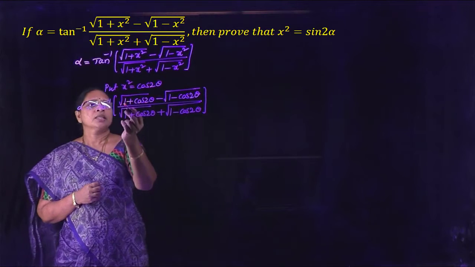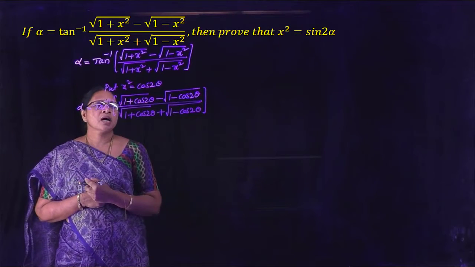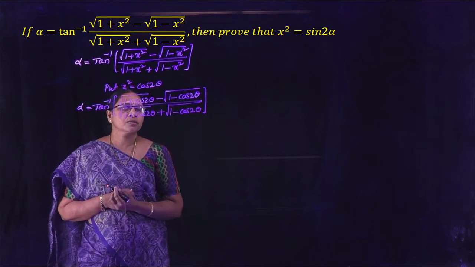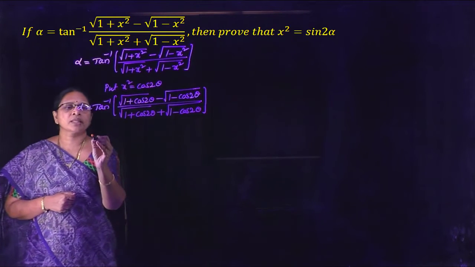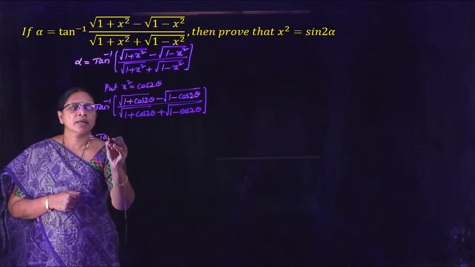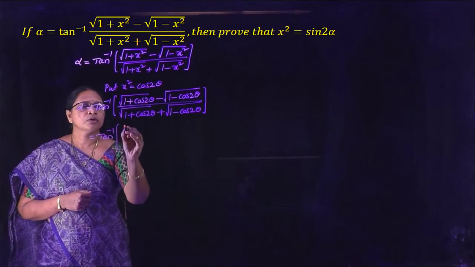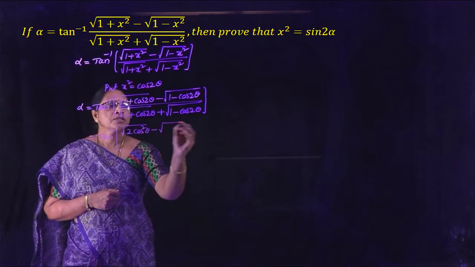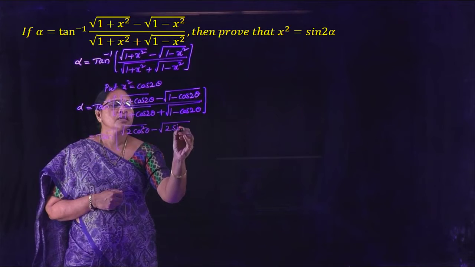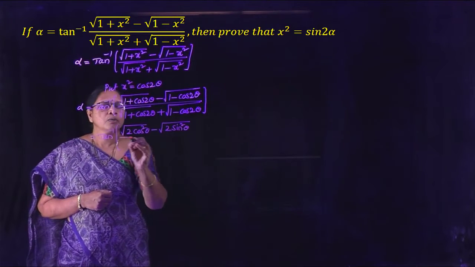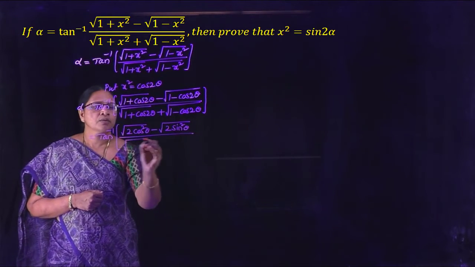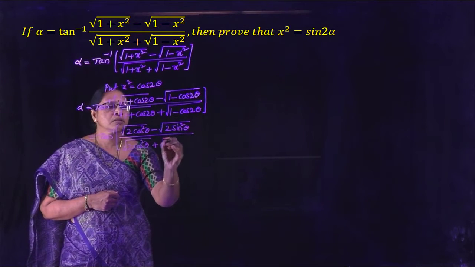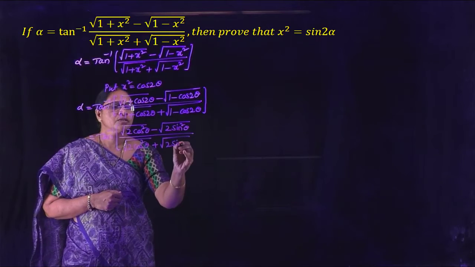We know that the formula for 1 plus cos 2 theta is 2 cos square theta and 1 minus cos 2 theta is 2 sin square theta. That equal to tan inverse of root of 2 cos square theta minus square root of 2 sin square theta whole divided by square root of 2 cos square theta plus root of 2 sin square theta.